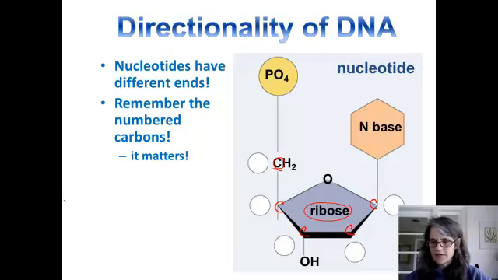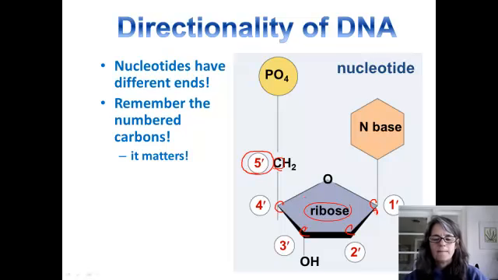And traditionally, they are numbered as the 1' carbon. So the first carbon after the oxygen is numbered 1.